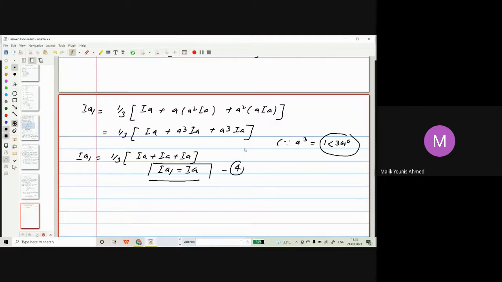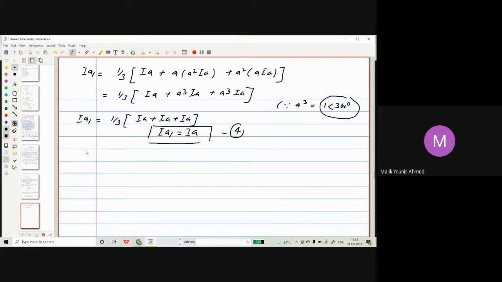Similarly, let me do it for IA naught. IA naught is 1 by 3 times IA plus IB plus IC. Here, IB is A square IA and IC is A IA.